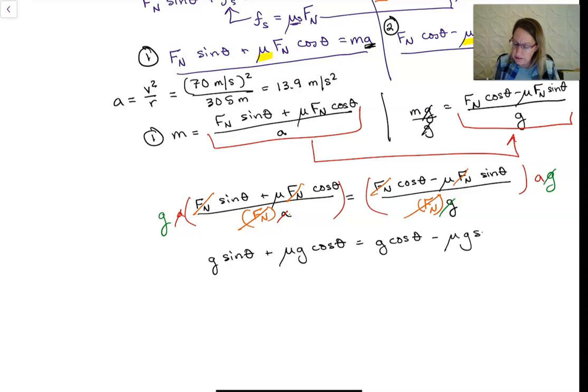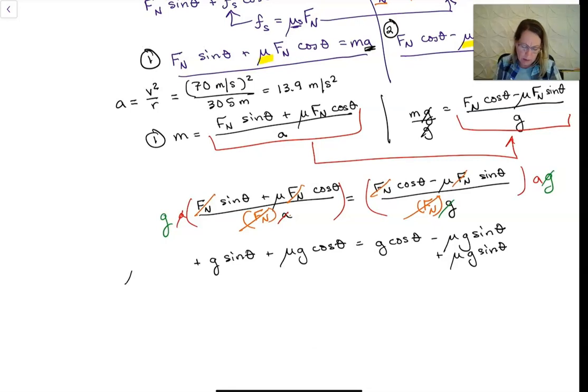And I'm finally left with g sine theta plus mu g cosine theta is equal to g cosine theta minus mu g sine theta. And then I'm really solving for mu, which I could have done to start with, but I thought it was a little clearer to do it this way, as I need to get all my mu's on one side and my other terms on the other. So I'm going to add mu g sine of theta to this side, plus mu g sine theta, and then I'm going to subtract g sine theta from this side, which means subtract g sine theta over here.